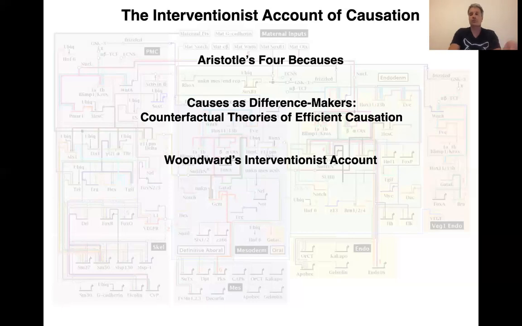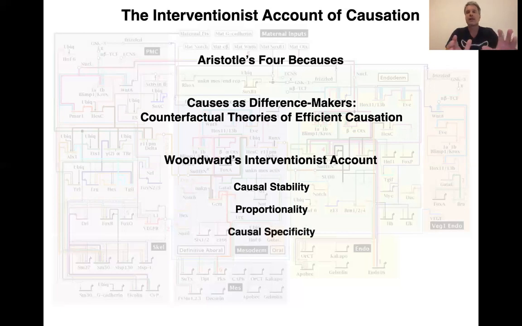Okay, we enriched Woodward's account with his own terms. This idea of causal stability: a cause is stable if it happens across a broad range of different circumstances. The proportionality: a causal explanation should not include too much detail, but also not too little. It should be at exactly the right level of explanation.